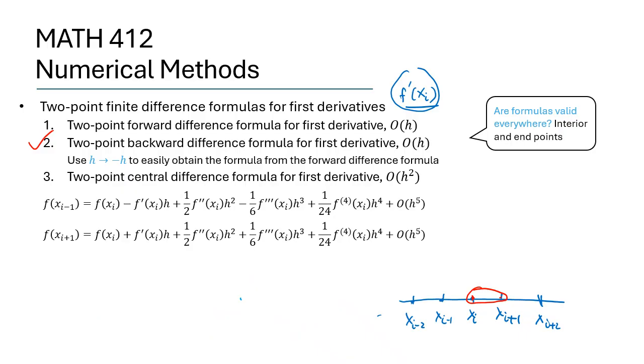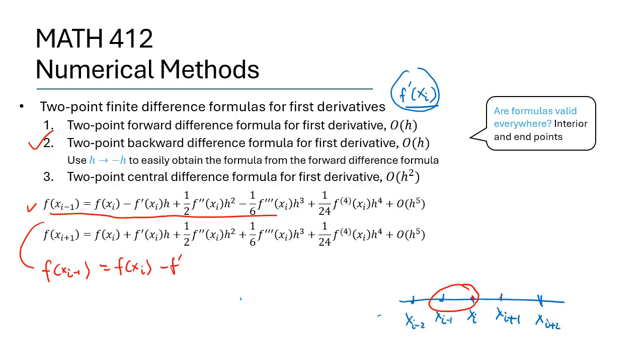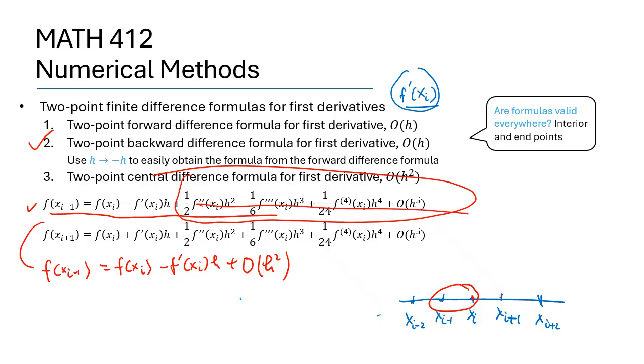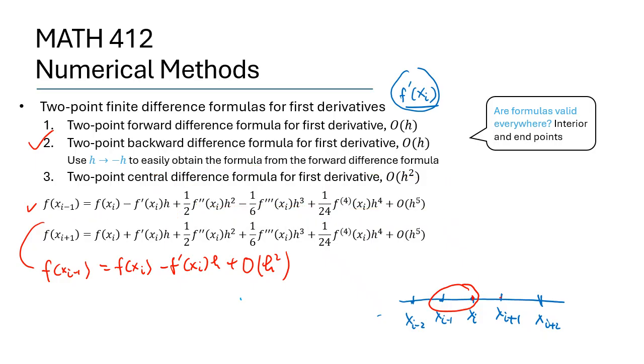Now we'll see the 2-point backward formula. That means we will use backward points. Therefore we use this formula, not that one, because that has x sub i plus 1. That formula can be written like f of xi minus 1 is f of xi minus f prime xi h plus big O of h squared, and when h goes to 0, this term dominates.